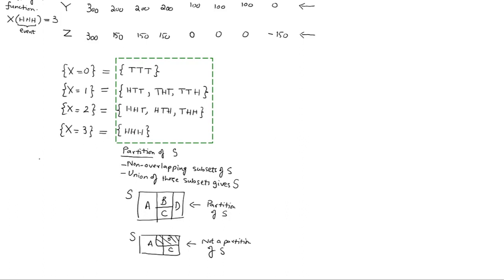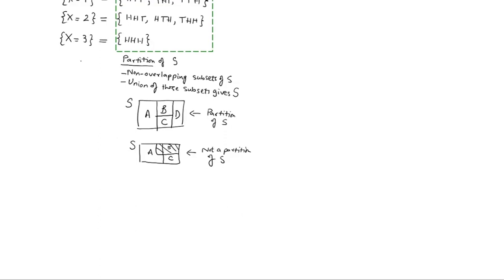So the second way of looking at a random variable is that a random variable partitions the sample space. A random variable results in a partition of the sample space.